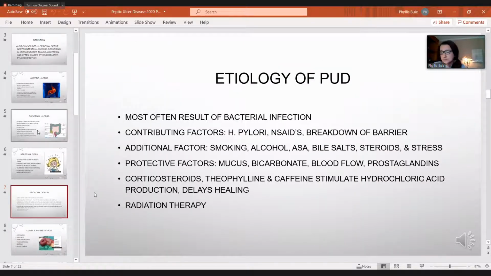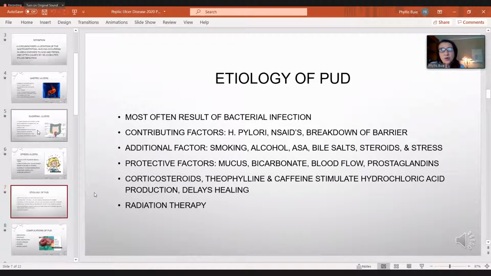So let's talk a little bit about the etiology of peptic ulcer disease. Most often, it is a result of the bacterial infection. Other contributing factors can be NSAIDs. Maybe they're taking NSAIDs on an empty stomach. Maybe they've been taking NSAIDs for a long time.